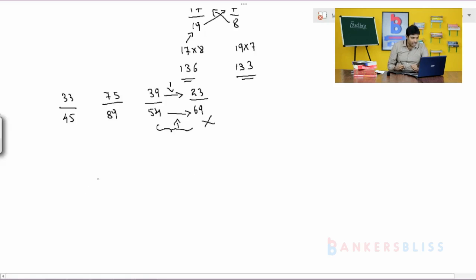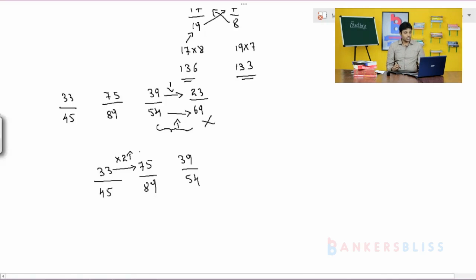Now we have to identify between these three: 33 by 45, 75 by 89, 39 by 54. See here, 33 into 2 is 66, but we have 75, means the numerator is increased more than twice.